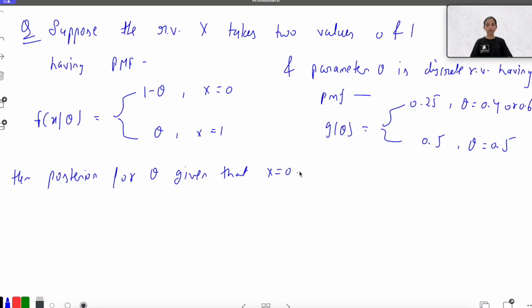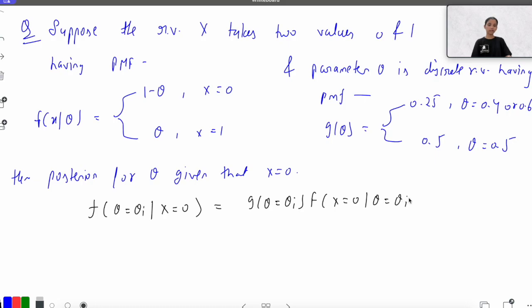So you need to calculate the posterior corresponding to the given information that x is equal to 0, which is f of theta equal to theta i, given that x is equal to 0, equal to g of theta equal to theta i times f of x equal to 0 given theta equal to theta i, upon the marginal corresponding to it, f of x equal to 0.